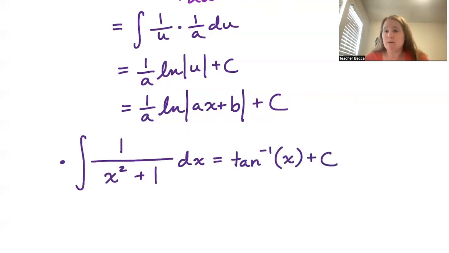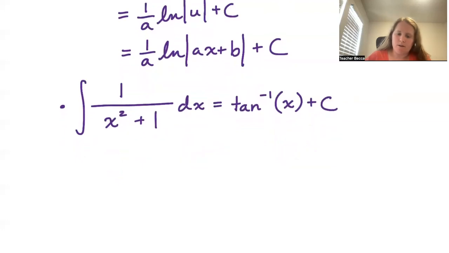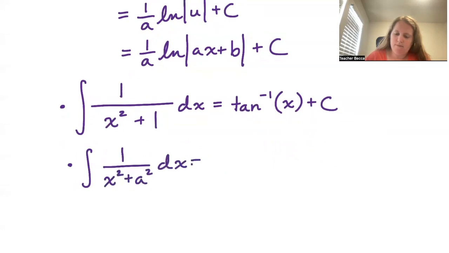And then, of course, we have the variations of that. If we had the integral of 1 over x squared plus a squared dx, that was 1 over a times tan inverse of x over a plus c.